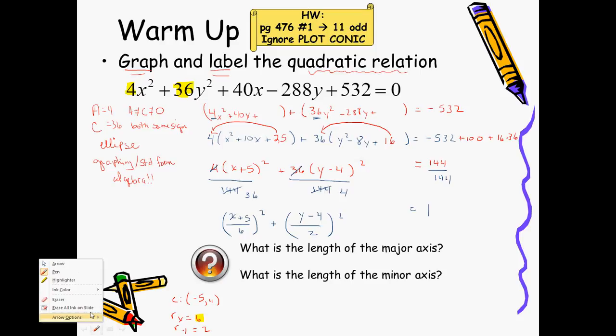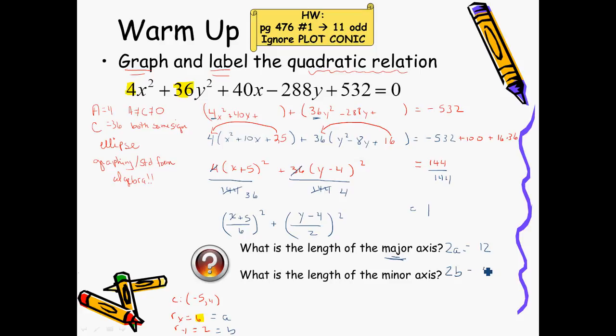Therefore, you know that this ellipse is longer in the x direction, so 6 must be A and 2 must be B. And now you can answer these questions, right? What is the length of the major axis? 2 times A, which is 12, and the minor axis is 2 times B, which is 4.